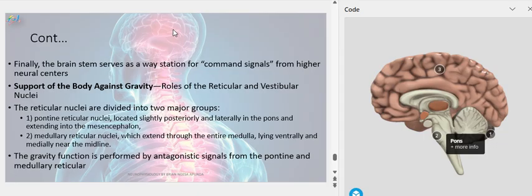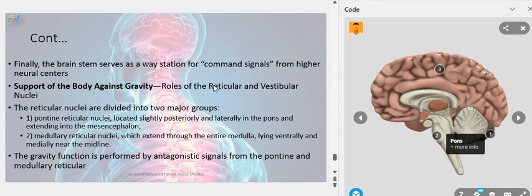It is also good to point out that some of the nuclei within the brainstem serve various major functions. So we've been able to say that the brainstem acts as a conduit, or a way station, for the passage of command controls from the higher centers of the brain all the way down to the spinal cord.